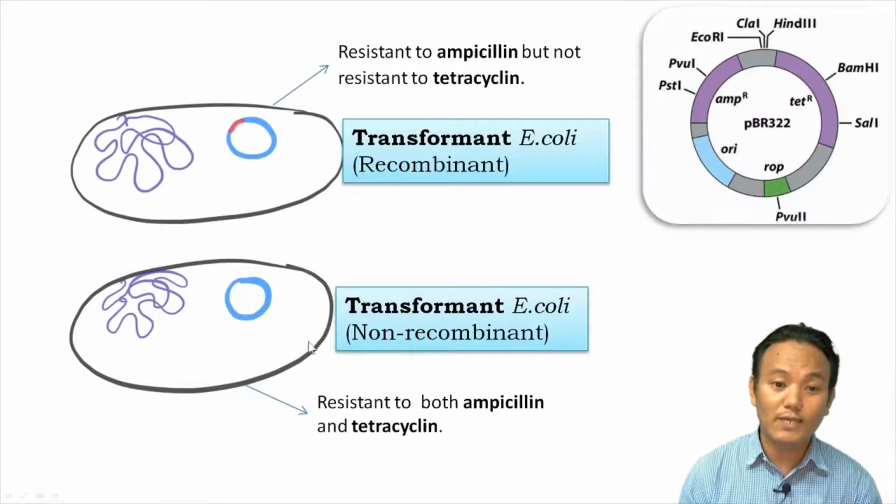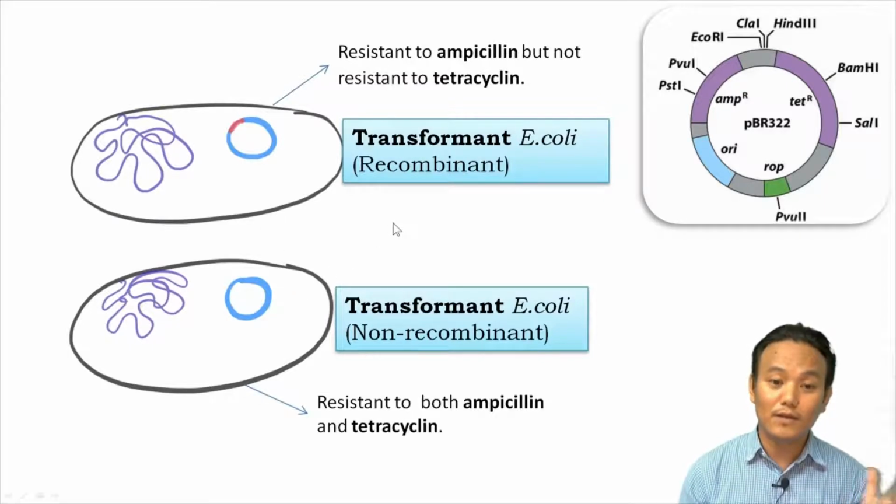On the other hand, the transformant bacteria which contain the non-recombinant DNA will be resistant to both ampicillin as well as tetracycline, right? So by using this particular feature of antibiotic resistance, we can select the recombinant from non-recombinant. Okay, is it clear? Identification of recombinant and non-recombinant bacteria.